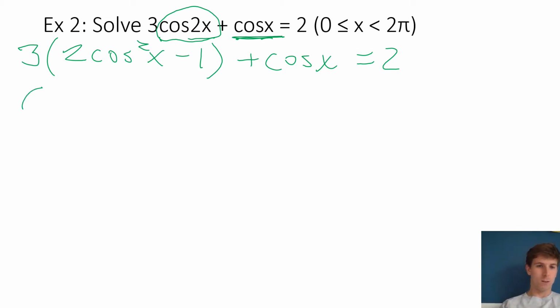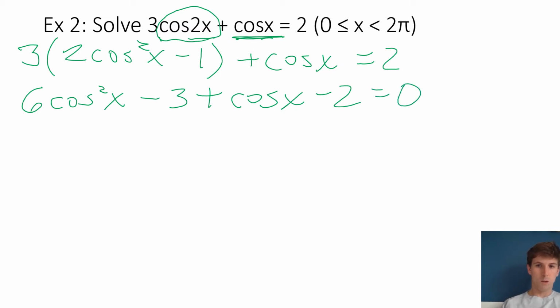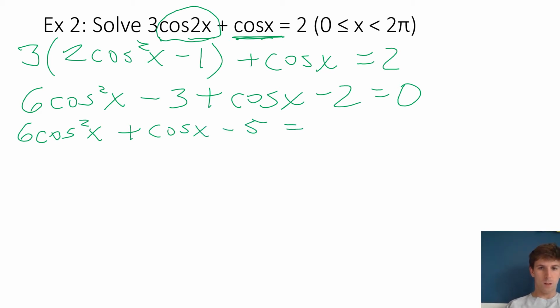So I'll have 6 cosine squared x minus 3 plus cosine x minus 2 equals 0. So combine my like terms. You can see I'm just going to have a quadratic here. So I'll have 6 cosine squared x plus cosine x minus 5 equals 0.